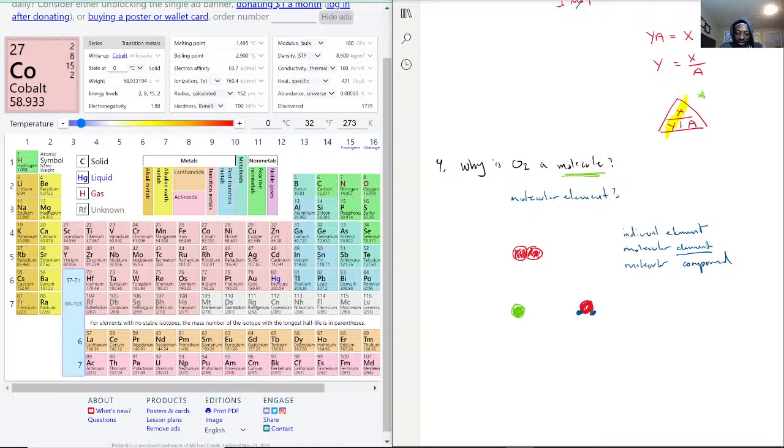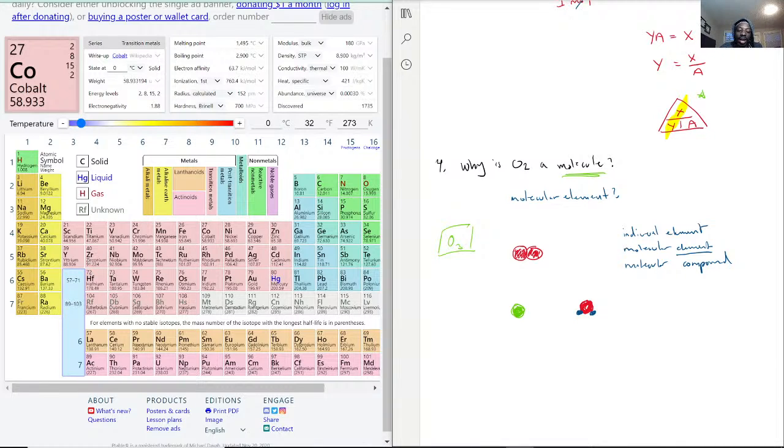So even if you saw something like O3, which is usually in the ozone, this right here is still going to be a molecule, okay? Because even though it has 3 oxygens, it's still constituted of more than one atom.